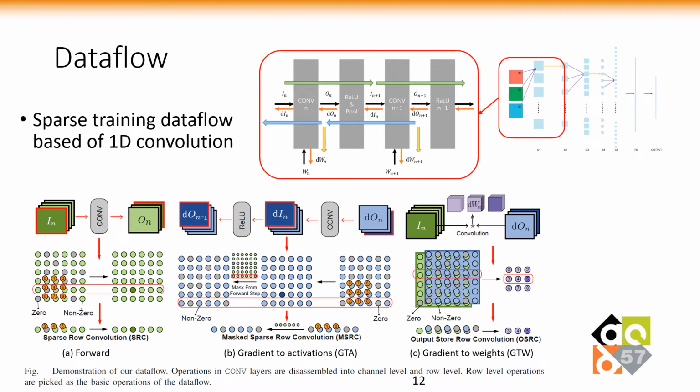Our architecture will work with the 1D sparse convolutions, and it is much easier for hardware to efficiently compute 1D convolutions than 2D convolutions.